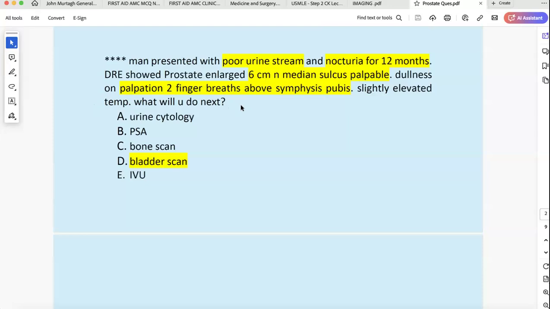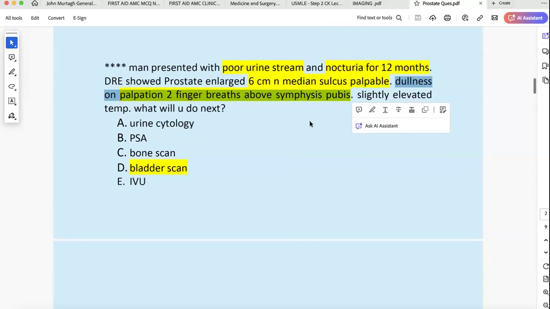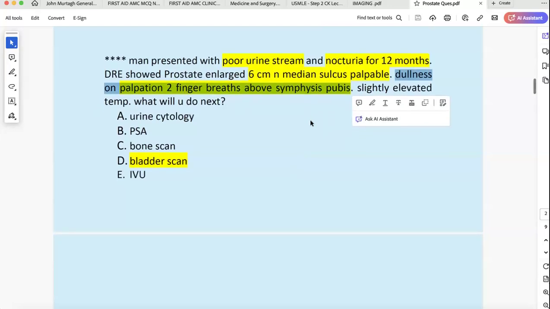Now, this patient has got a prostate enlarged 6 centimeter, median sulcus palpable, but see this dullness on palpation 2 finger above symphysis. What does it mean? It means likelihood of a retention, right?